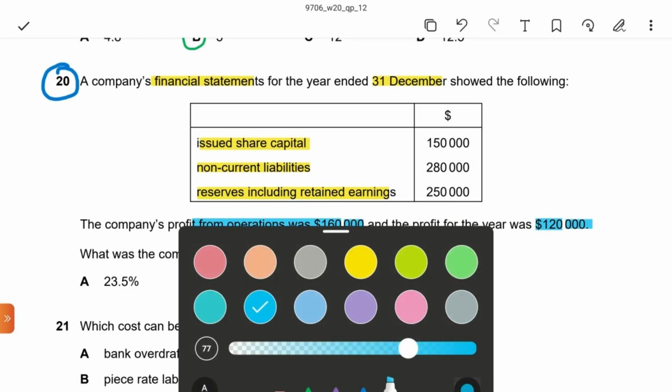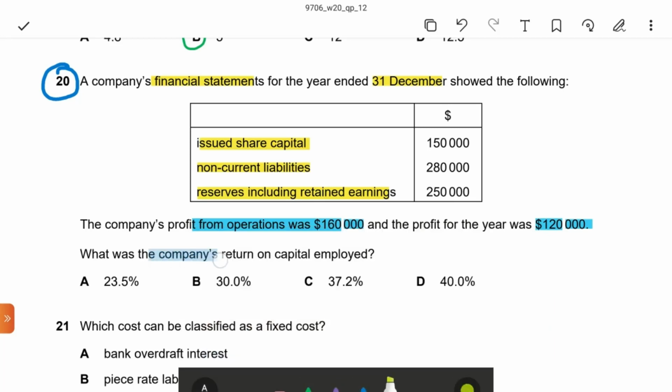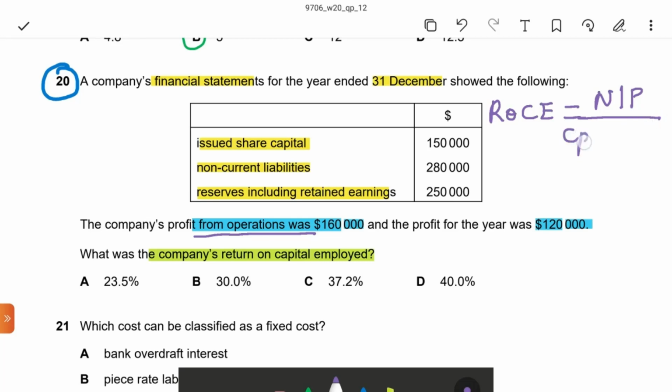What is the question? The question is, what was the company's return on capital employed? Return on capital employed, ROCE, is equal to net profit before interest and tax, or profit from operation, divided by capital employed.